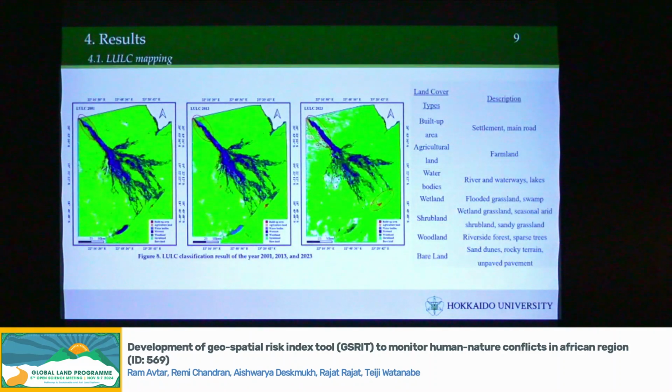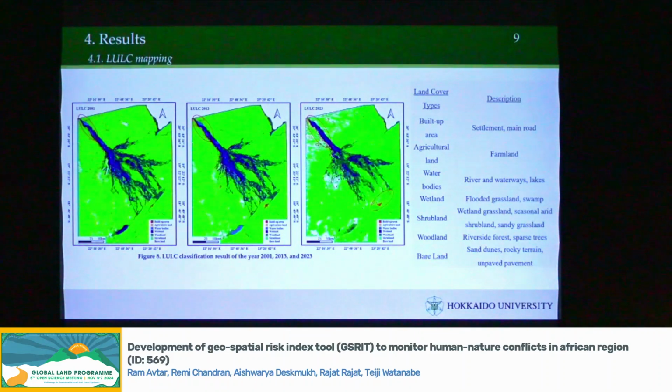Here we first developed the land use land cover. You can clearly see there is a huge expansion of the agriculture farms because of the increase in the population in this area. And these are some of the migratory tracks, because from this area the wild animals, or elephants, migrate to another national park when there is a lack of water. And sometimes some of the farms are in between the migratory routes of these animals.